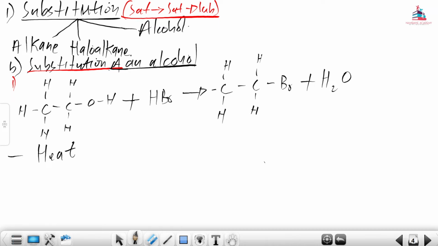So how best can I identify that this is a substitution of an alcohol? It's easy. You just need to check your byproduct that is formed as well as the haloalkane that is being formed. So you start now from an alcohol which is also saturated. Then you move now to a haloalkane which is also saturated. Then it fits into our description or analogy of saying once I move from saturated to saturated, that reaction must be substitution.